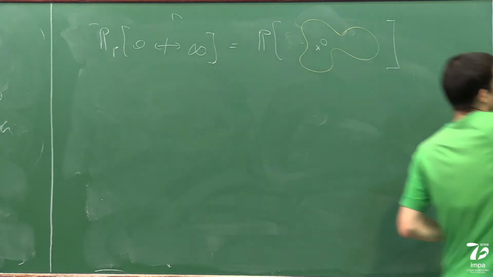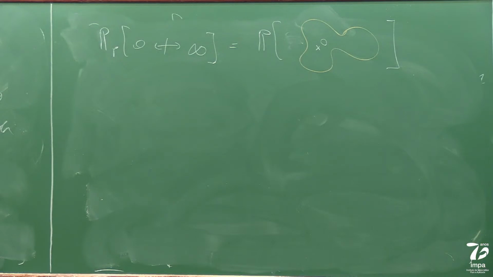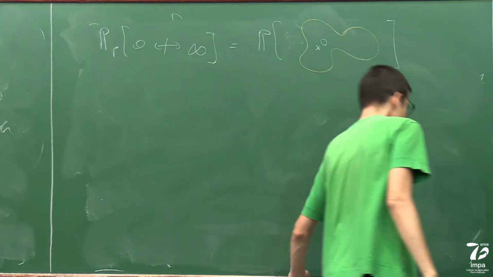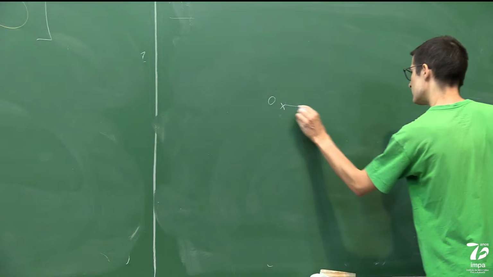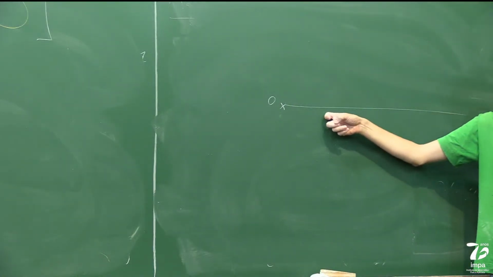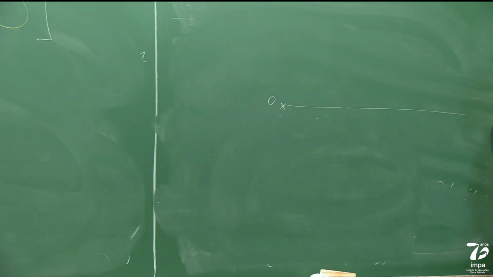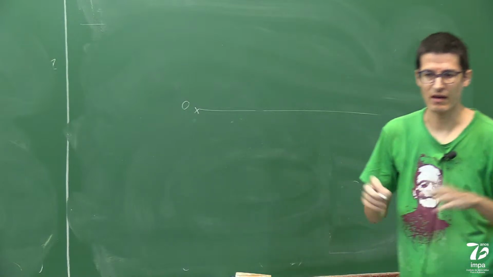Now we need to say something else. If you have an open circuit surrounding 0, then it must cross the positive real line here. I'm just identifying R2 with the complex plane.